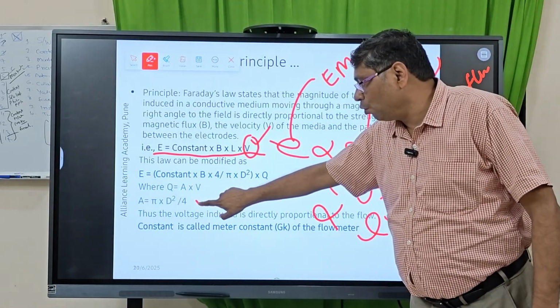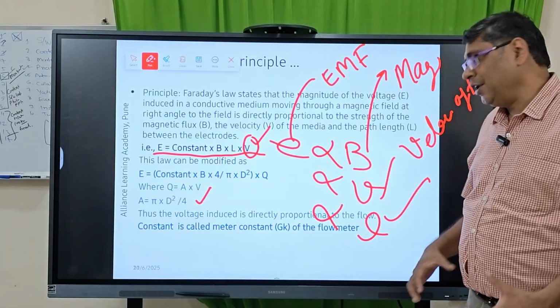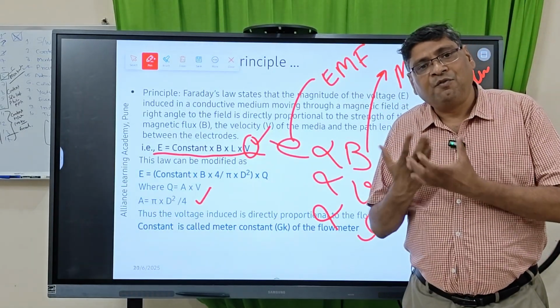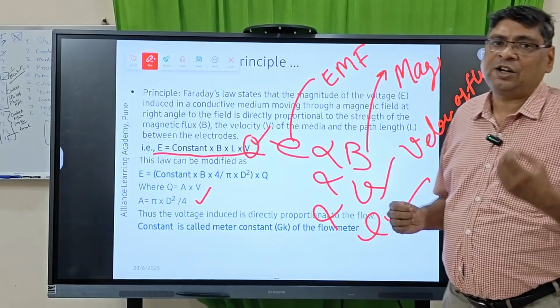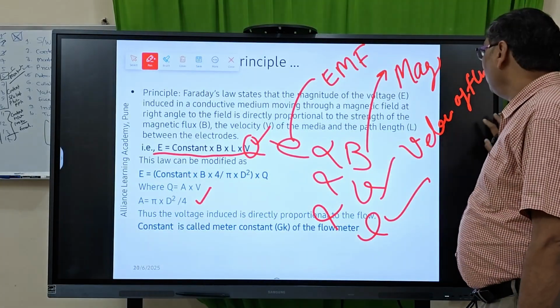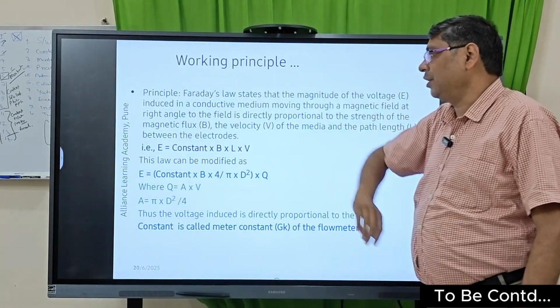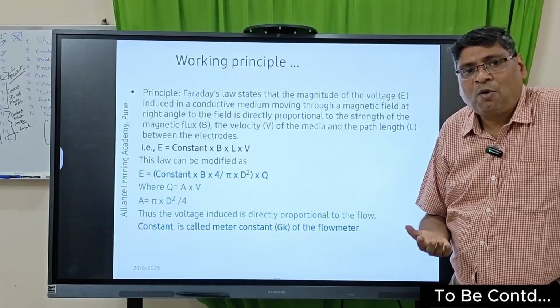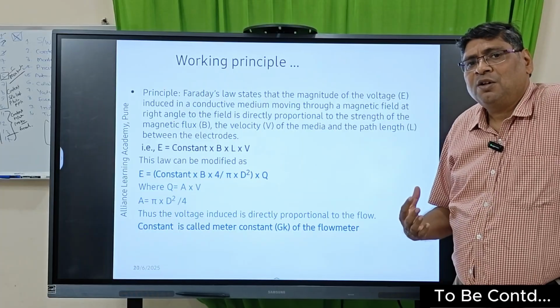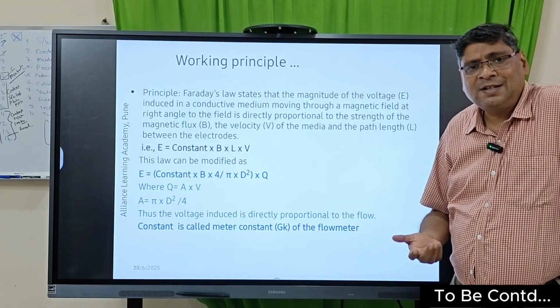Area we again know. So we can calculate V, and from V we calculate Q. This is the principle of the electromagnetic flow meter. Now we will see more about the construction. Then if some doubts arise, we will clear them.